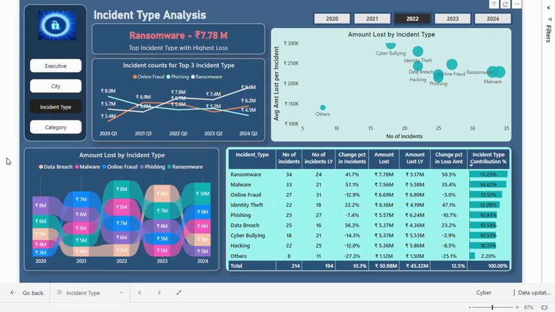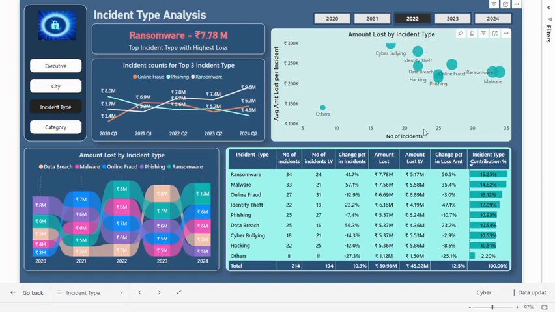In the incident type view, I noticed the decrease in phishing scams from 2020 to 2024, indicating awareness and better detection tools. The ransomware has gained prominence over the years. In 2020 and 21, it was not so prominent, but from 2022, 23, and 24, it has really increased.